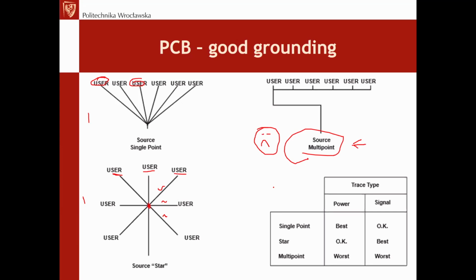For example, we can connect the ground between each of the components on a PCB, between the ICs or some other semiconductor or passive components. This technique is the very worst one.